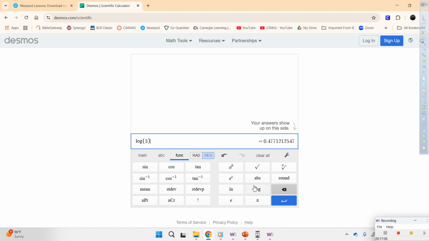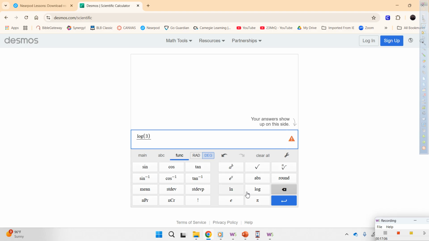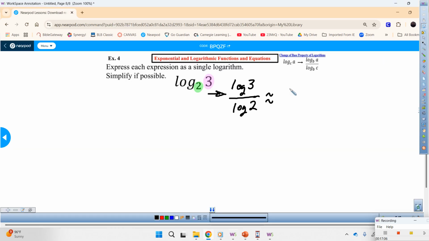Do the slash on your keyboard, or you can go here to the main and do divide by. Go to function again, log, and now it's 2. Is that correct? It was log 3 divided by log 2. All right, so what is it? 1.58 approximately.